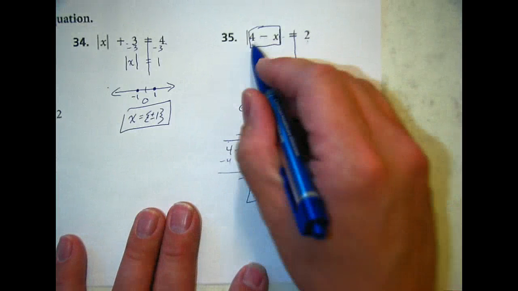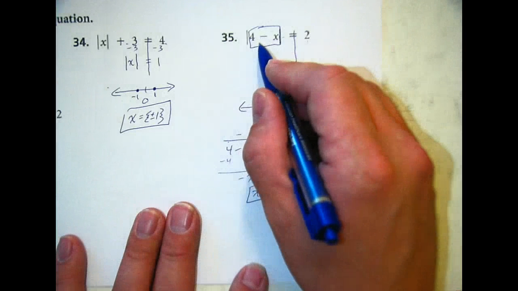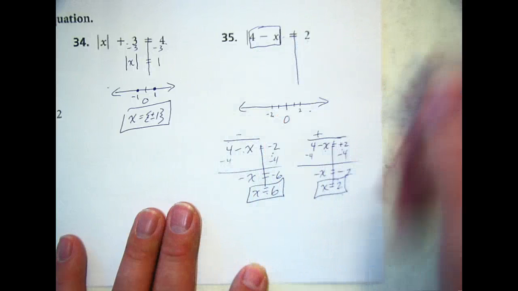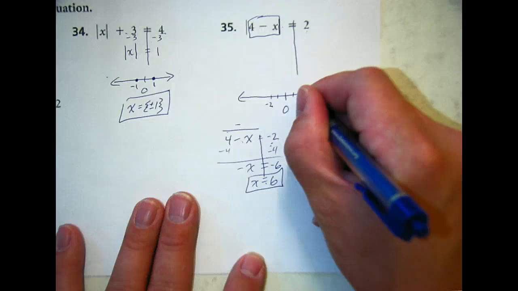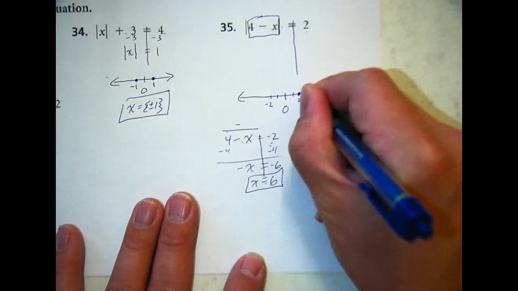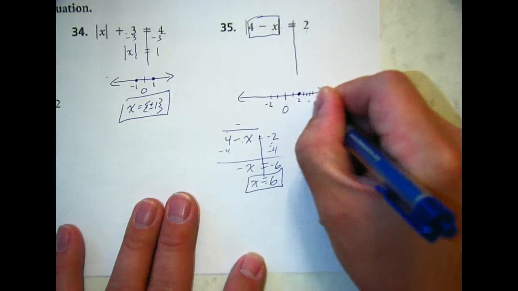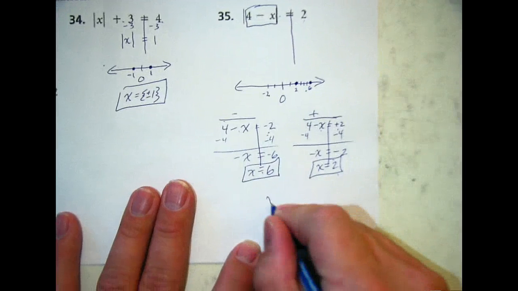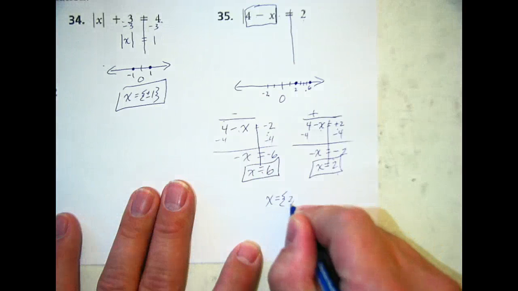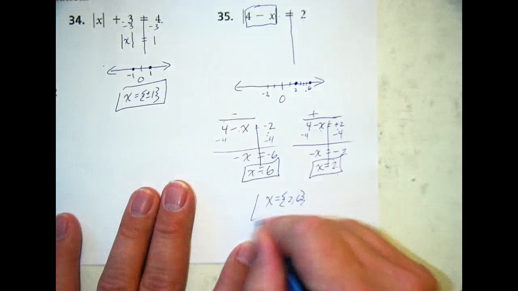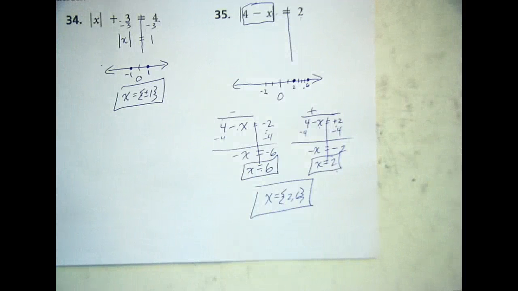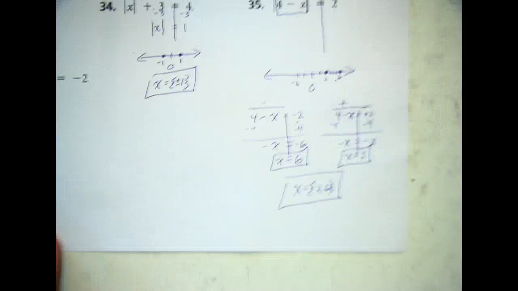And if I put 6 in here, that would give me negative 2. And the absolute value of negative 2 is 2. So my solutions are 2, so I can put a dot there, and 6. I can put a dot there. X equals 2 and 6. Just remember to get your absolute values alone first. Okay? Any questions there?